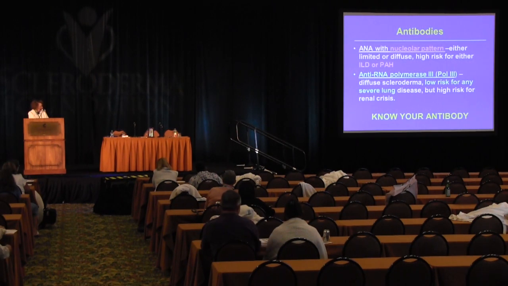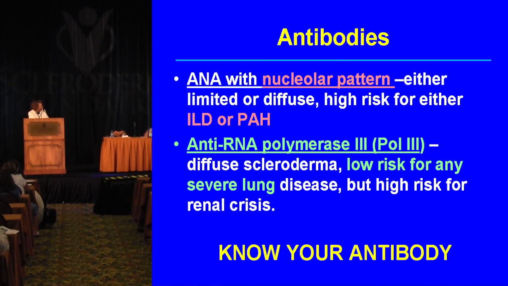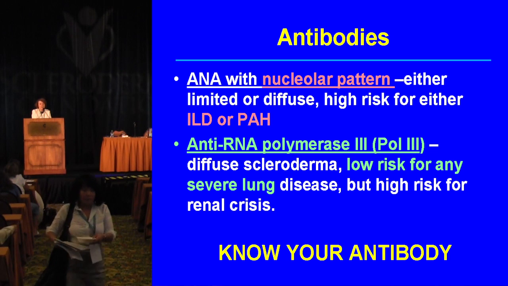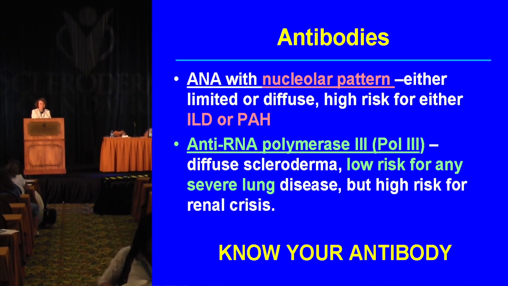The other antibody that I mentioned was the nucleolar antibody, and again, this does not correlate with the extent of skin thickening. There are subsets of this nucleolar antibody that are not commercially available, but in research laboratories we can do fancier tests.